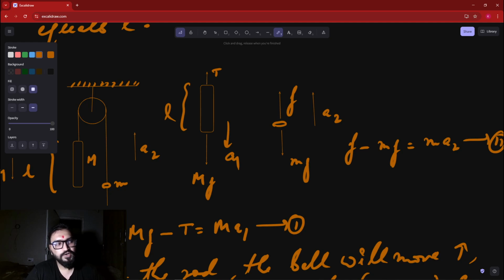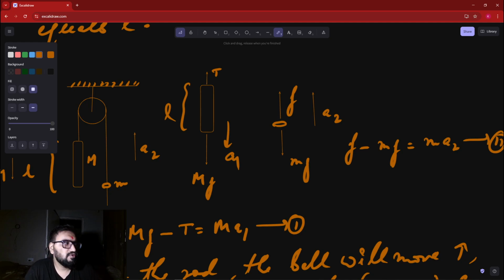If this ball was not there, let's say if there was no friction between the ball and the string, and since the ball was not attached to the string, the tension would have been zero and this body would be freely falling. Okay, so it's actually the friction which is causing tension in the string.